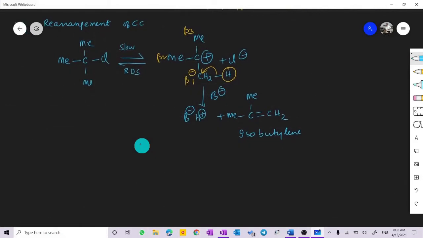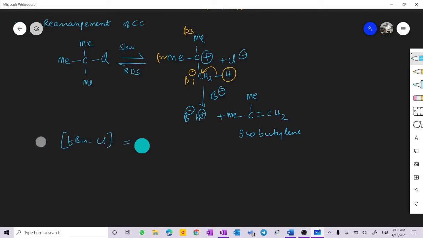It has been observed experimentally when they did the experiment using this tertiary butyl chloride in the presence of a base. When they doubled the concentration of this tertiary butyl chloride, the rate was found to be doubled.